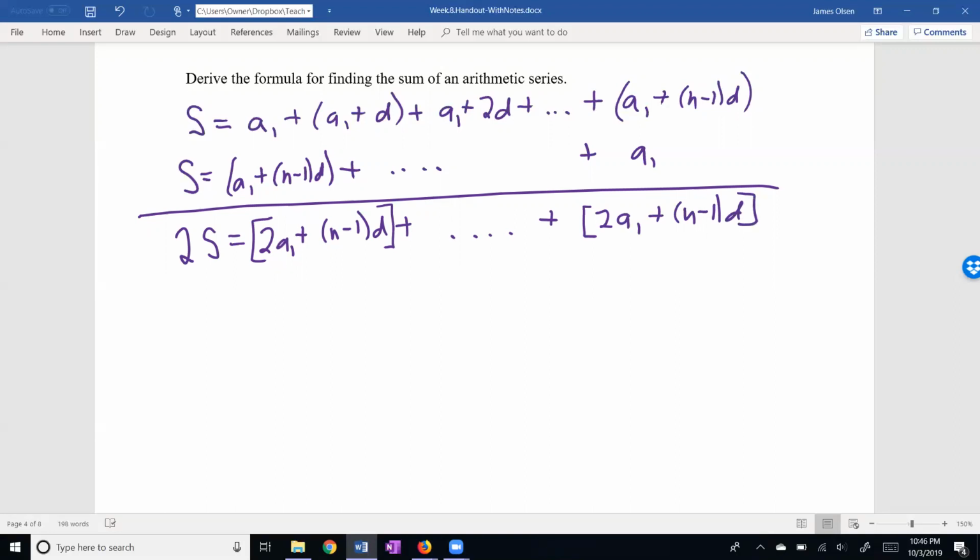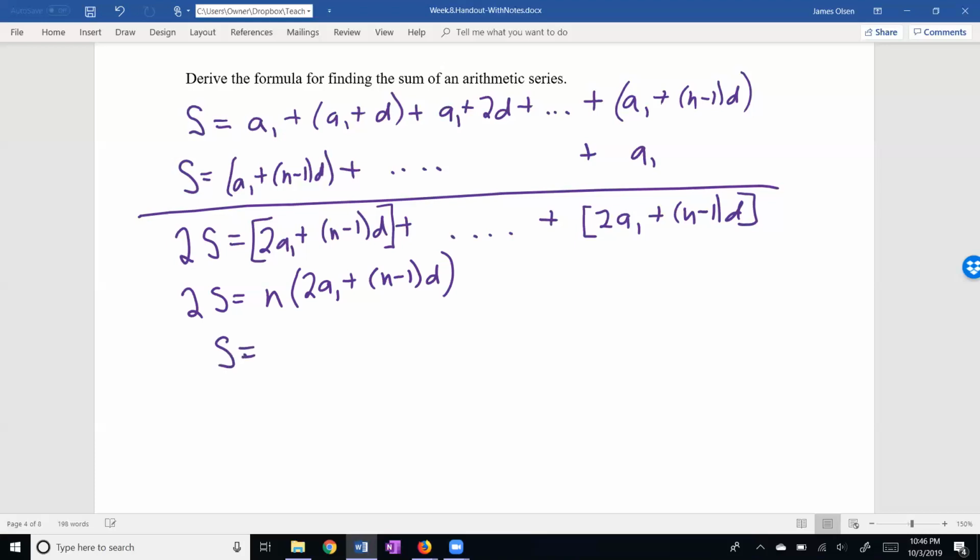Well, how many copies do I have of the 2a1 plus n minus 1 times d? This series has n terms in it, so I have n copies. So 2S is equal to n times 2a1 plus n minus 1 times d. Now, in order to get S, I'm going to divide both sides by 2.